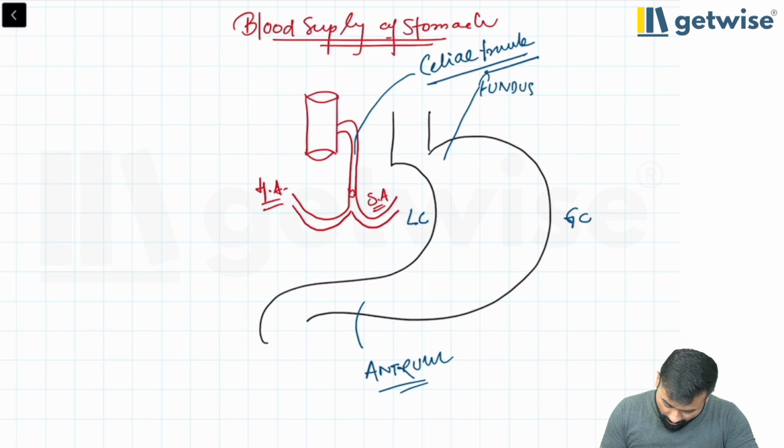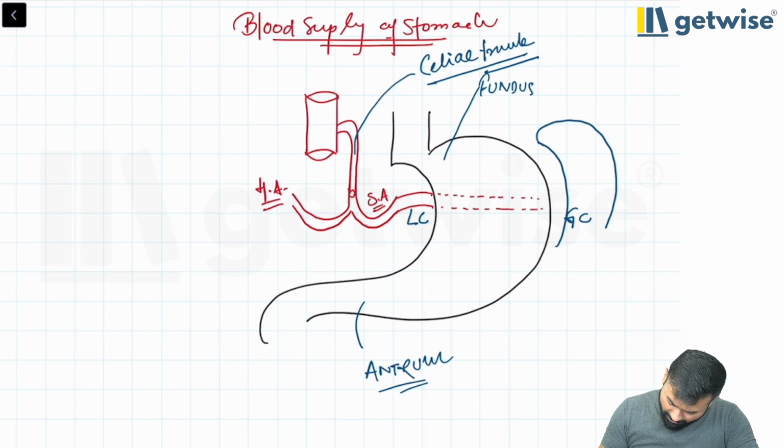Now this splenic artery runs behind the stomach and reaches the left corner where there is the spleen. It supplies the spleen and gives 3-4 branches.